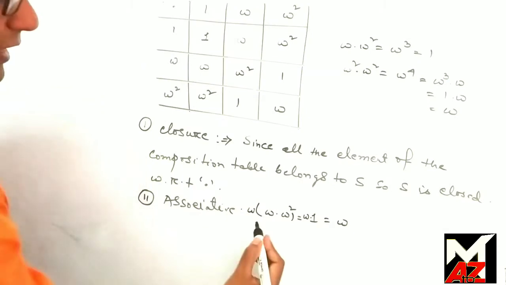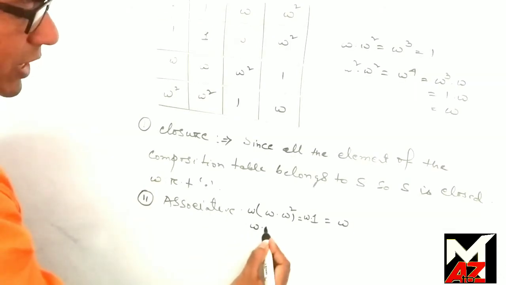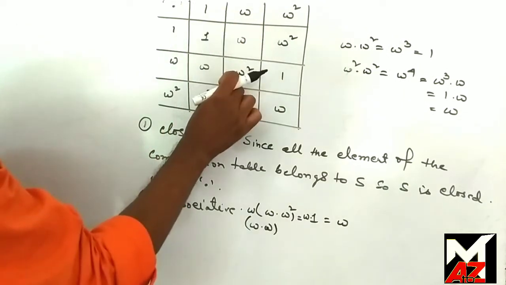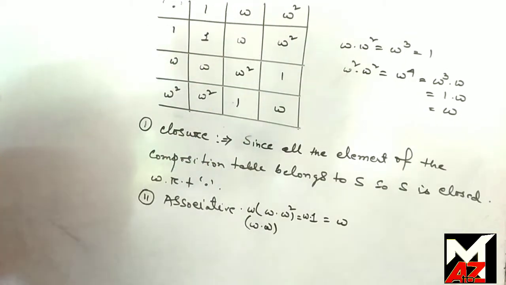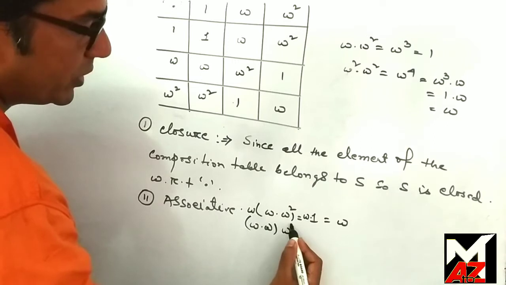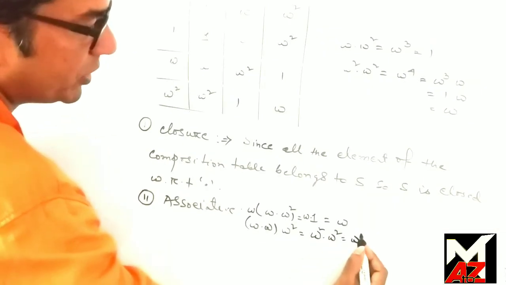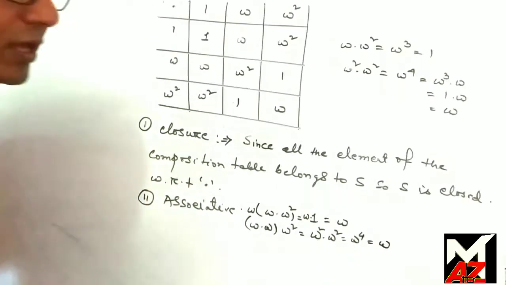Now if we operate omega into omega first, we get omega square, then omega square into omega square is omega to the power 4, so omega.